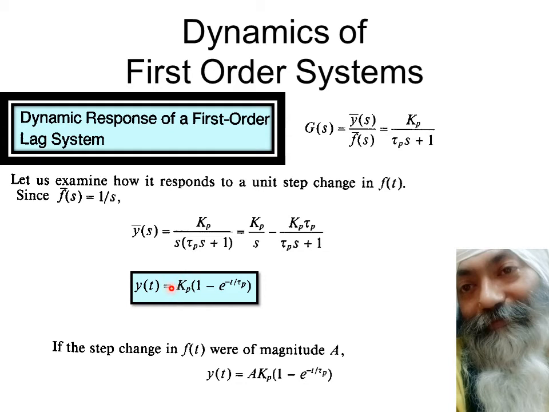It means that if the step has magnitude A, the entire output will get multiplied by A. This is quite obvious, but normally we do not give a step change of magnitude A; we normally give a step change of unit magnitude. But even if we give A, it is going to get multiplied in the result as such. So there should be no doubt or ambiguity on this.